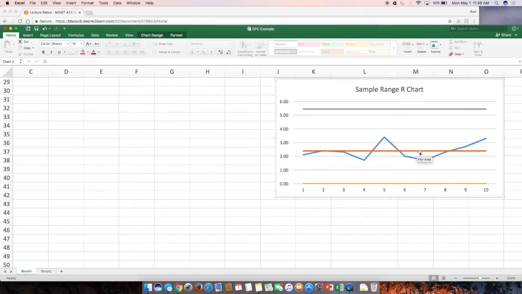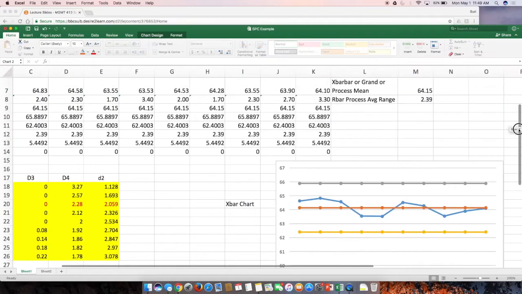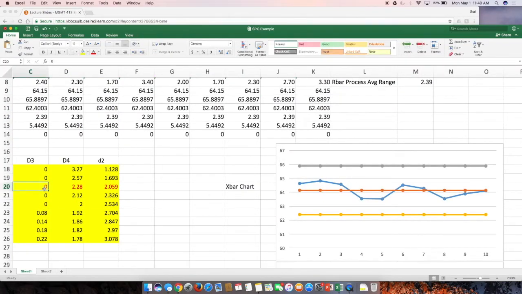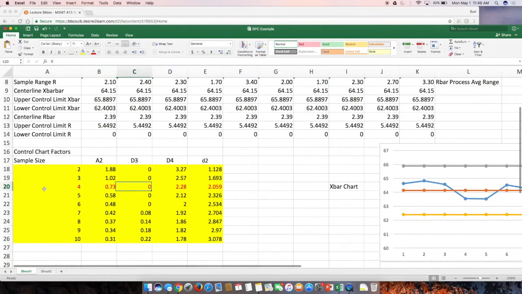Now, is this symmetric around the center line? The limits? In this case, are the limits symmetric? Because on the one side, do you see that D3 is 0? Everybody see D3 is 0? No matter your range value, if you don't have enough of a sample size, it's automatically zeroing it out. Why do you think that is?